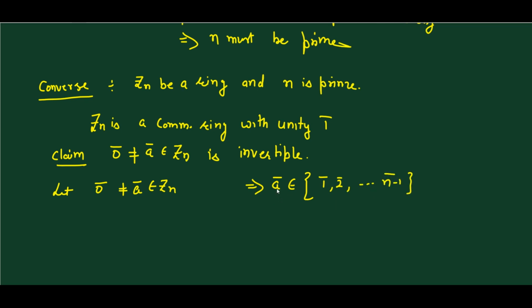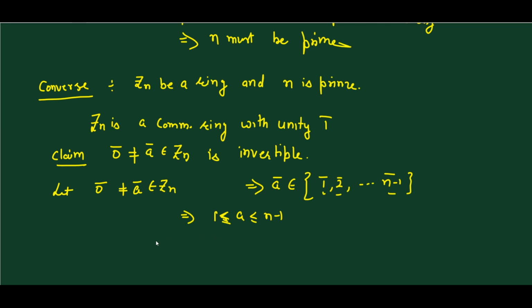It means a is a congruence class having representative 1, 2, up to n minus 1. a is any of these elements. So this implies 1 is less than or equal to a, which is less than or equal to n minus 1, because a is a congruence class belonging to this set. Therefore the representative a may lie between 1 and n minus 1.